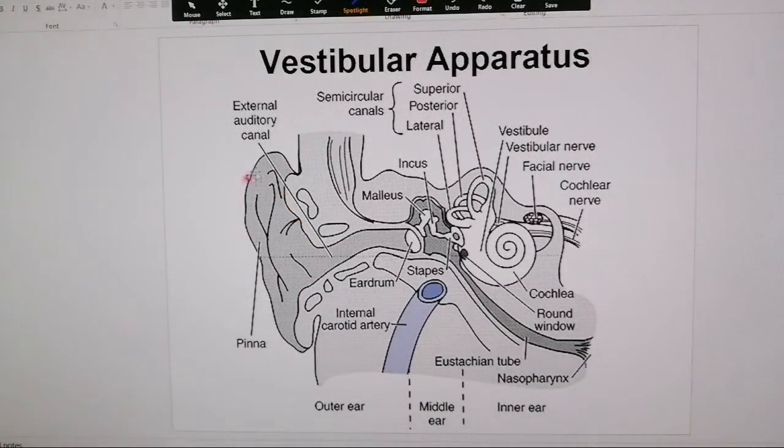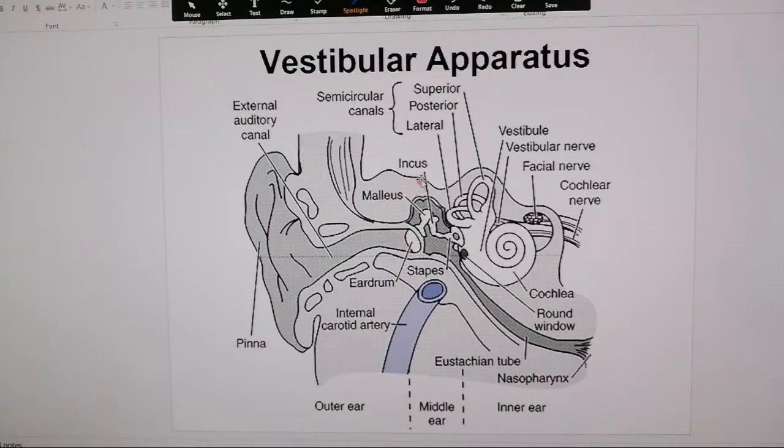This is the entire ear: the pinna, the outside of the ear, the external auditory canal, the eardrum, and all the machinery involved in hearing.